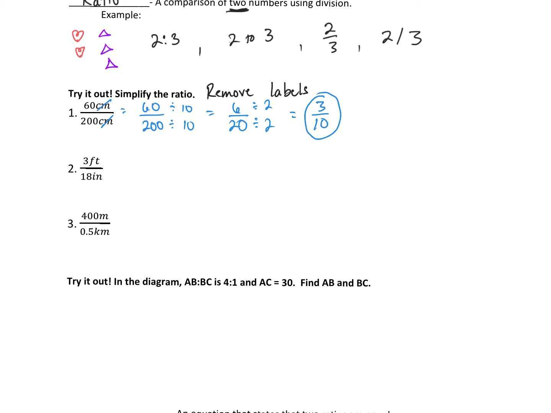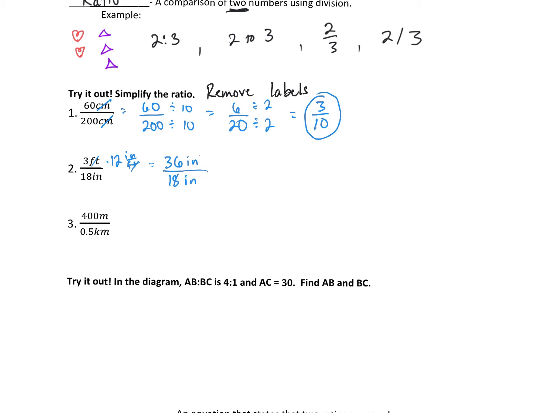Let's look at number 2. I have feet on the numerator and inches on the denominator. I'm going to get rid of the feet by converting my feet into inches. There are 12 inches in 1 foot. So 3 times 12 gives me 36 inches over 18 inches.